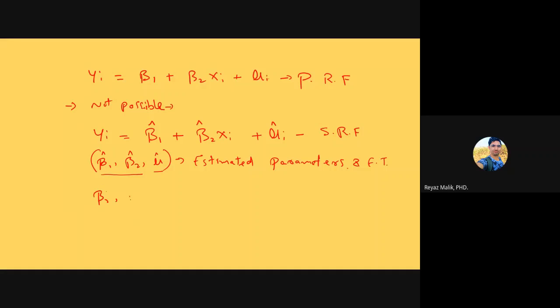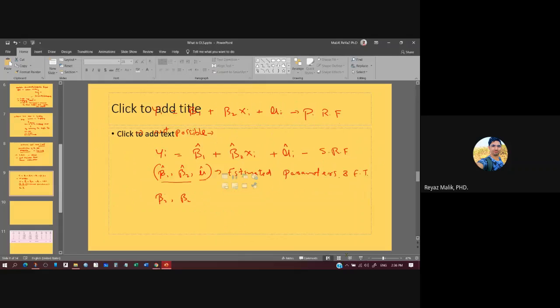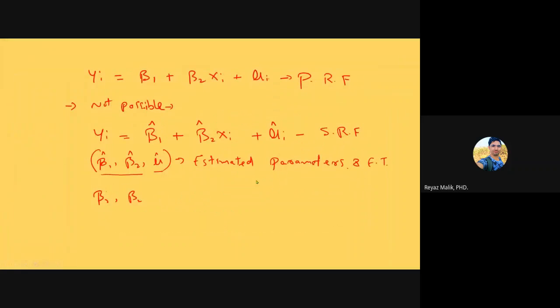Beta 1, beta 2, and u are called actual parameters, and the error term is actual.